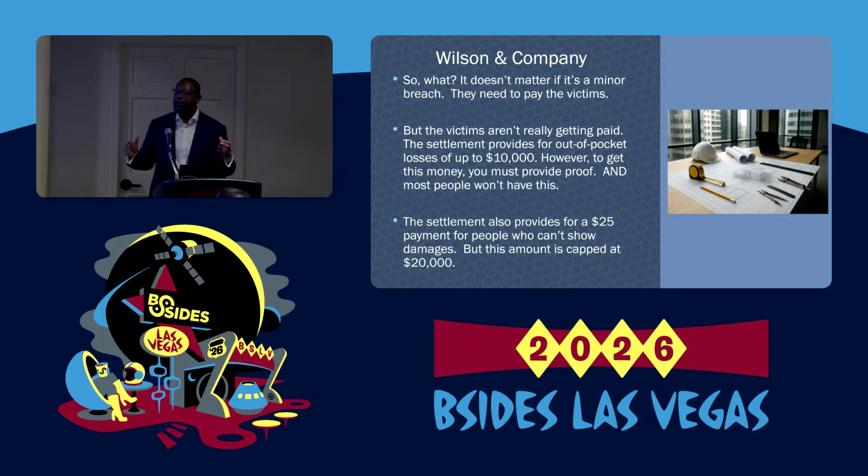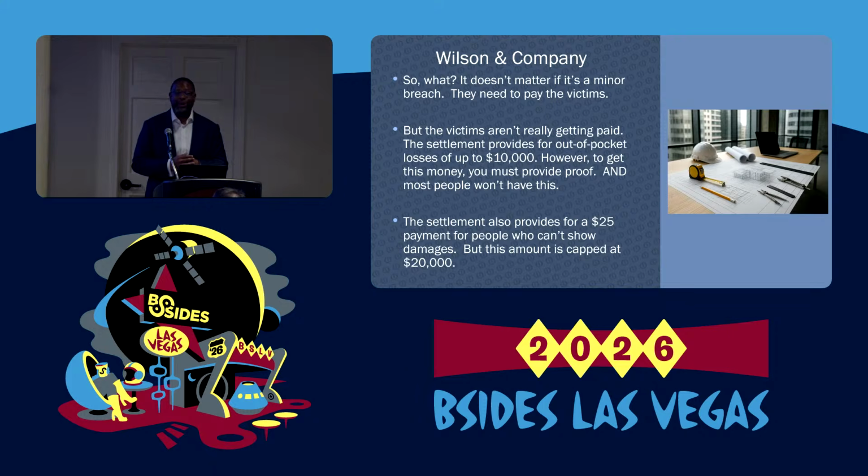So instead, most people have to sign up for the payment where you don't need any proof. That was $25. But it was actually capped, so the amount of money available to victims was capped at $20,000. That meant about half of the people could maybe get the $25, and then everyone else, there wasn't enough money available.